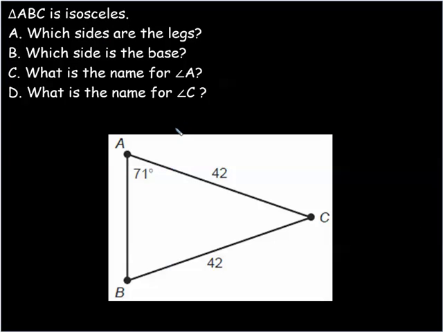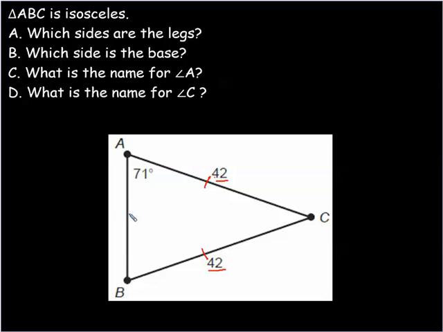Alright, it says triangle ABC is isosceles. Which sides are the legs? Okay, if you look, they're telling us that AC is congruent to BC because they both measure 42.